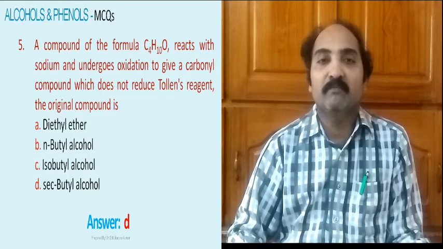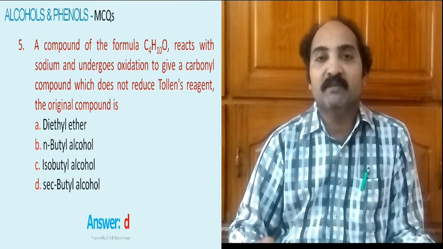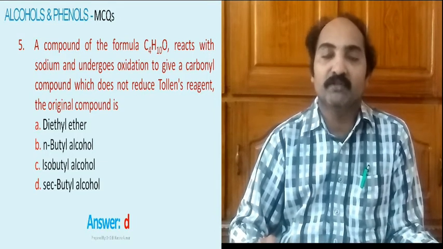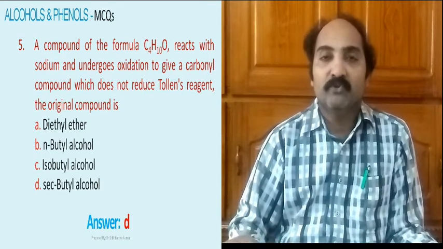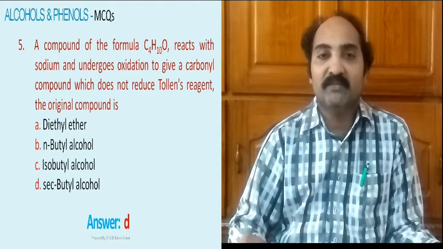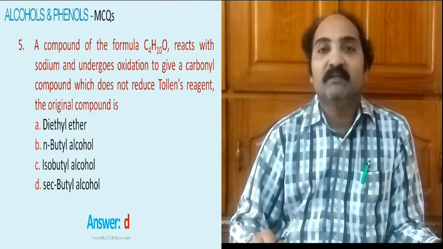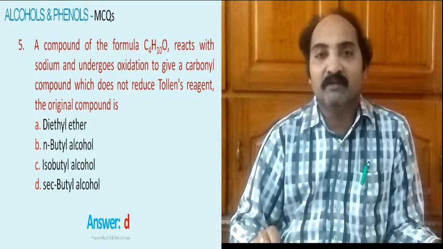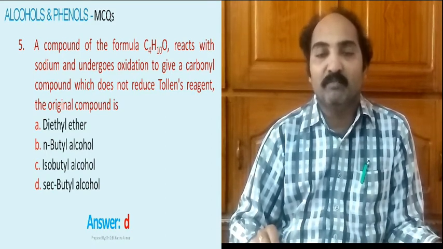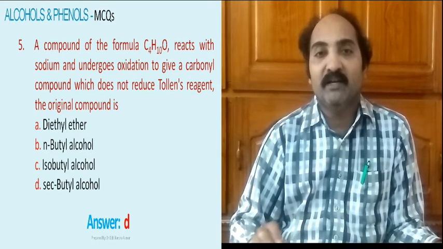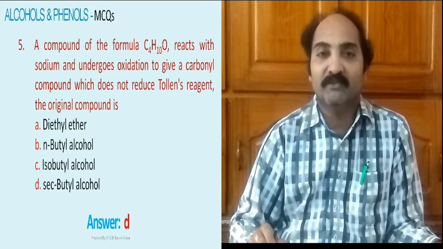Sometimes in competitive examinations, we face questions wherein 2 or more concepts are mixed within the same question. Question number 5 is an example of such a question. Here, we all know pretty well that any active hydrogen compound like alcohol or carboxylic acid will liberate hydrogen gas on treatment with metallic sodium.